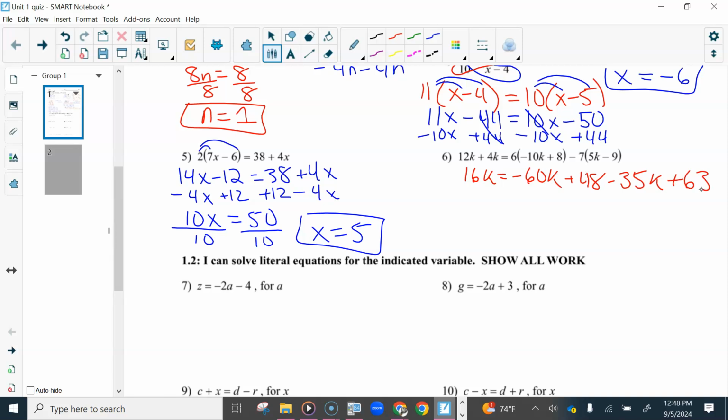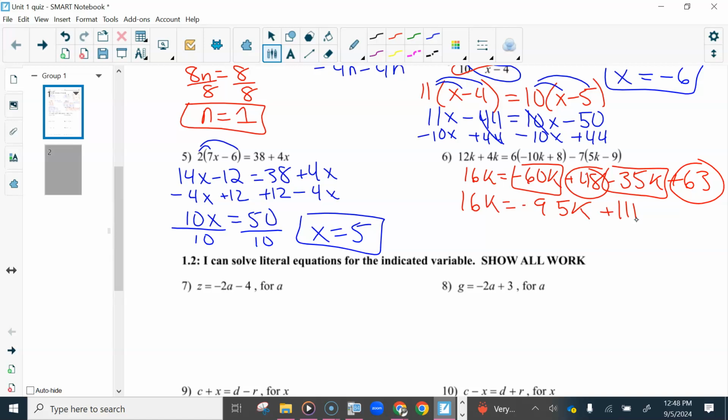Double check your work. If you were combining like terms, the k's together, and then the numbers together, you would just do exactly what it says, not change anything. -60 minus 35. And then add the numbers together, 48 and 63, exactly as is.